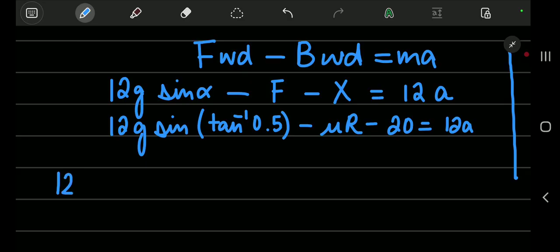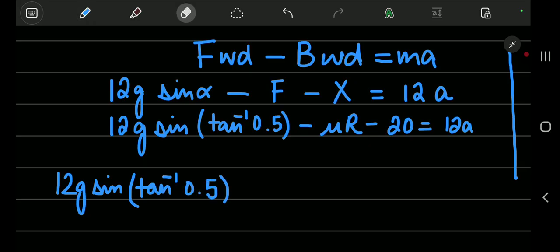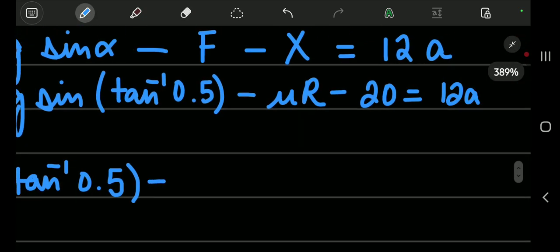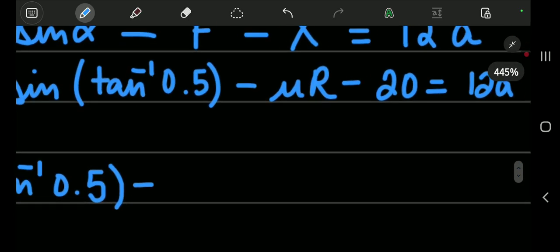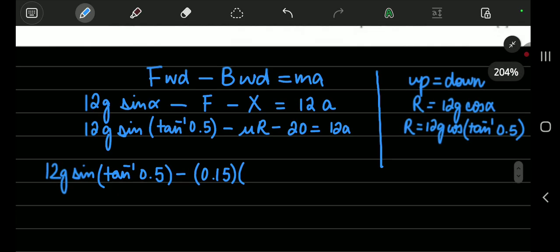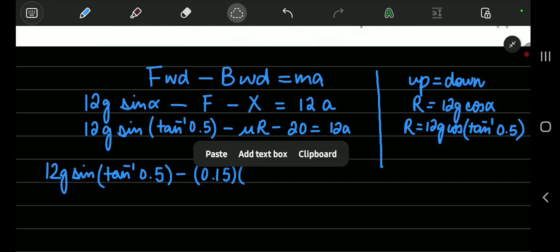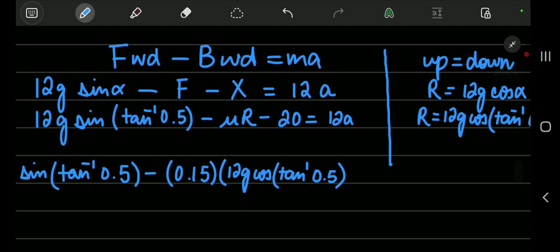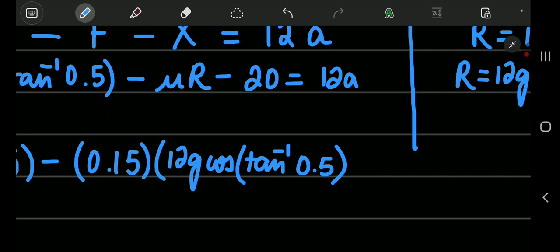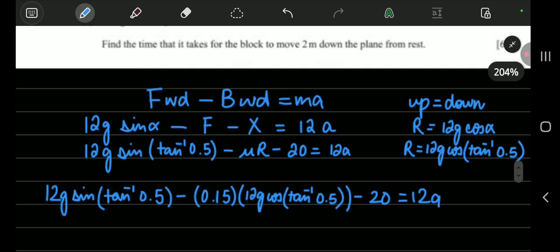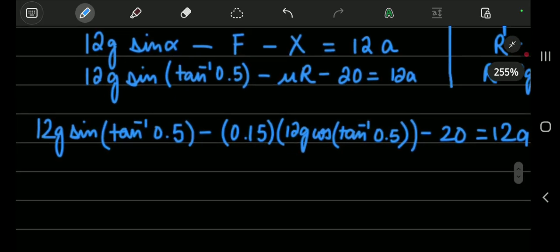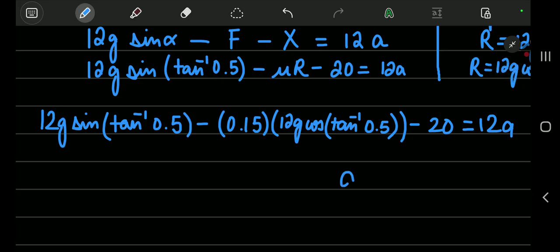So 12g sin of tan inverse of 0.5, minus, what is mu? 0.15, times R. Solving it all in a calculator will give you the acceleration.